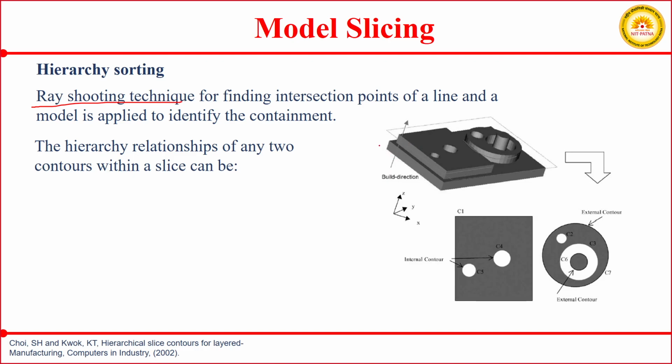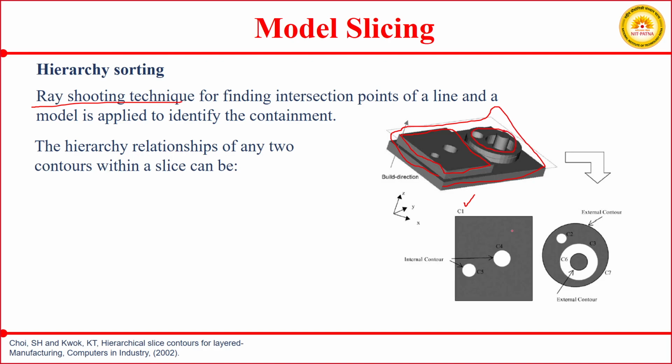If you see these contours layer by layer, you will notice you have the C1 contour, this rectangular block. Then above it you will have one layer which corresponds to this and this.